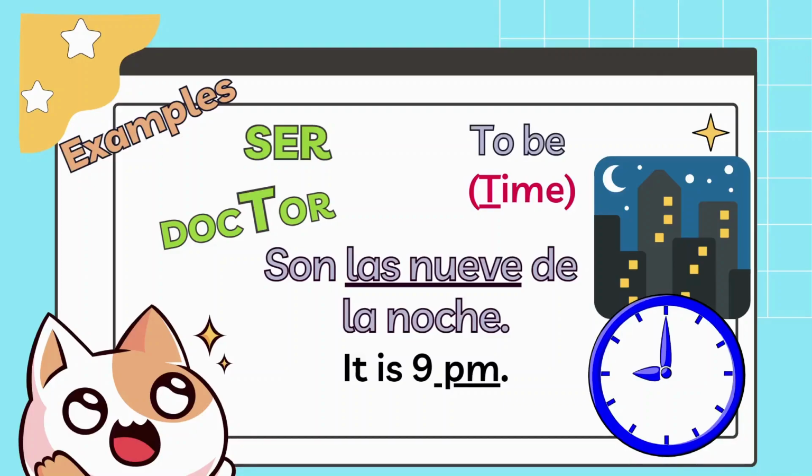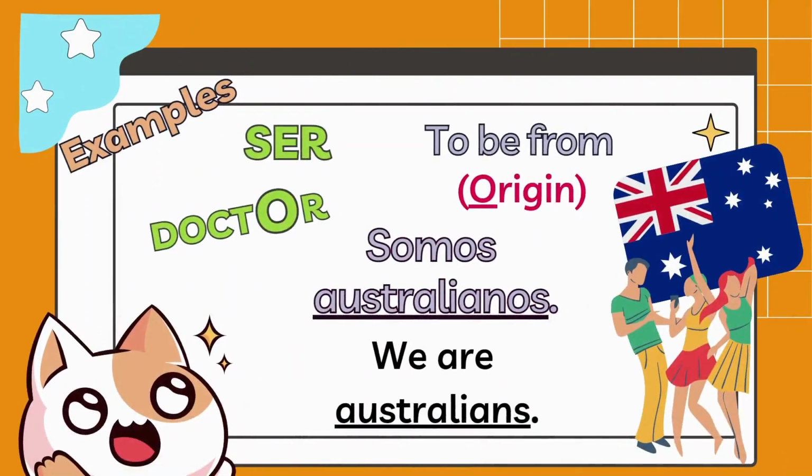Now we come to the second use of SER, which is to be from, and when you're talking about origin. So the second O in doctor can represent origin. When we are speaking about nationalities, we use ser and talk about origin. For example, somos australianos. We are Australians.